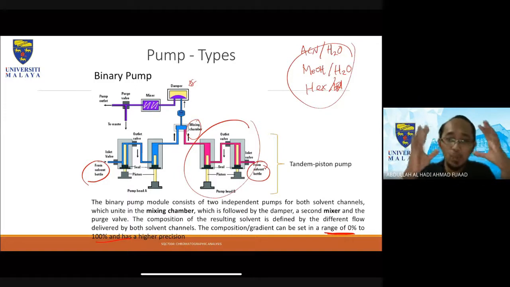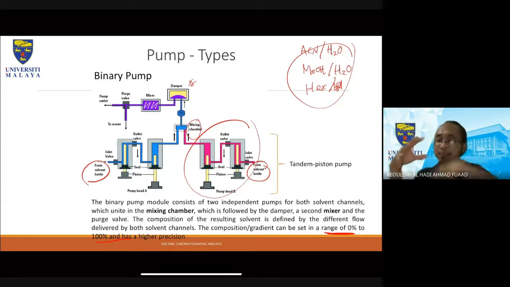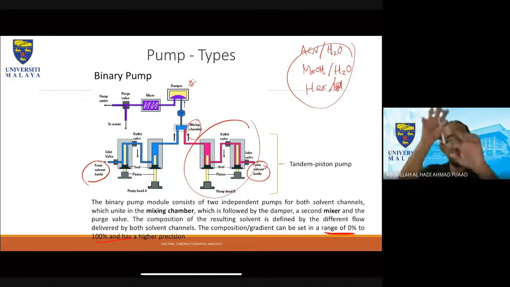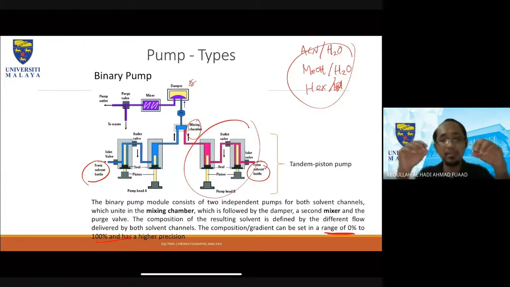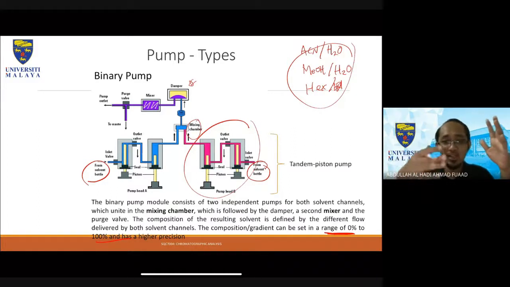So there's no one system that fits every single sample. Okay, so that's why back in our first lecture, when you were looking at the plot of different samples and whether you want to use GCMS or GC system or LC system, I always say that you can run everything in an LC system. Why? Because you can always change the solvent system, you can always change your column, and then you can measure every single thing.